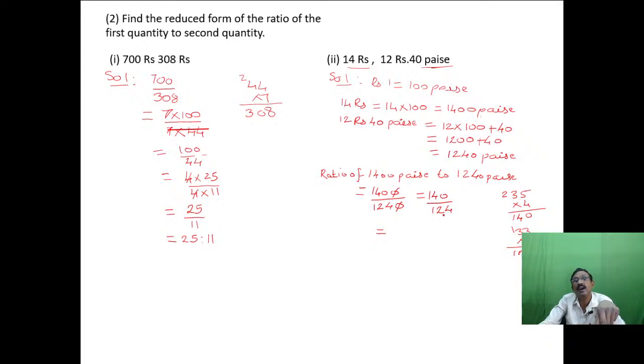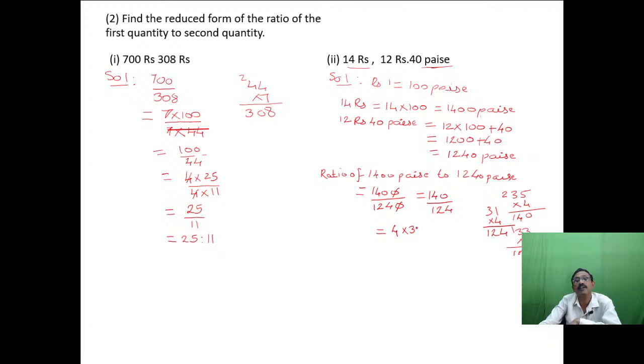So I want lesser. I've got 124. Can I use 31 and see here? 31 into 4. Because I have to reduce it. 4 1s are 4, 4 3s are 12. I got 124.